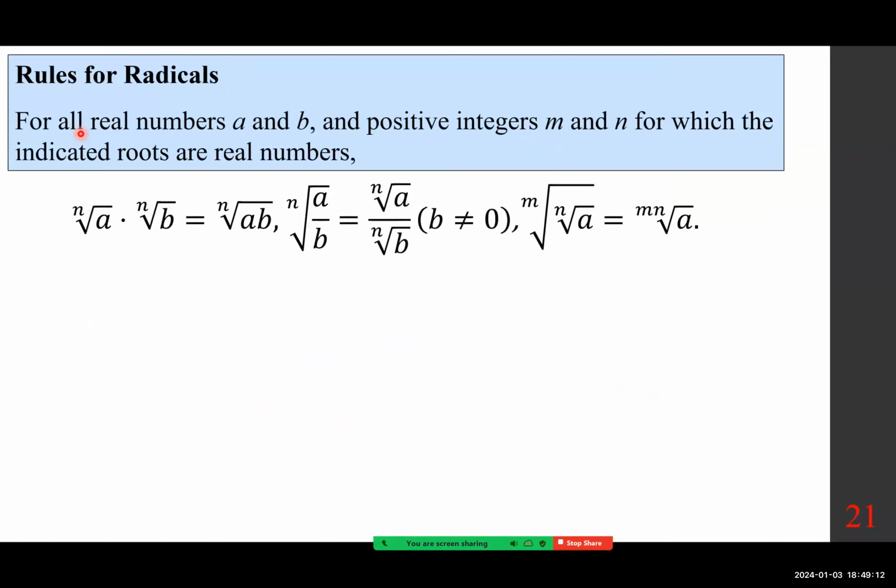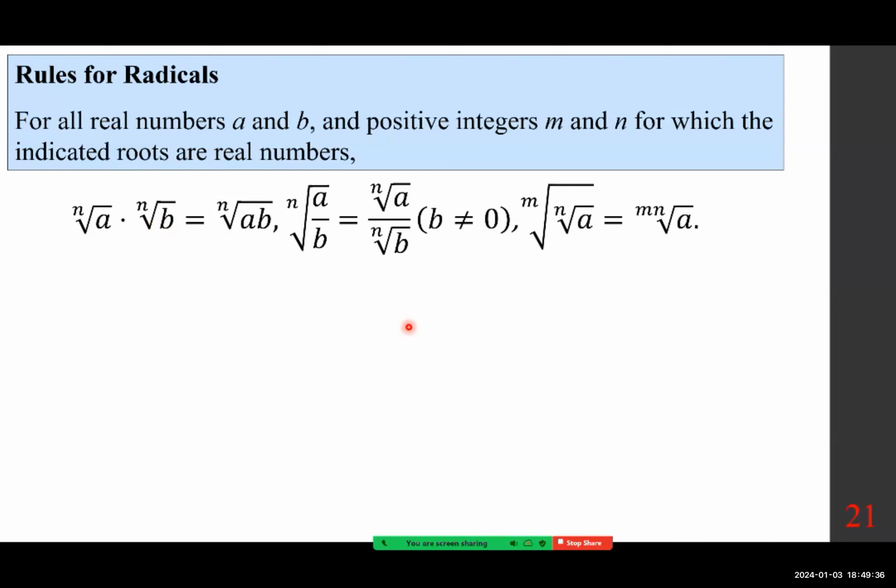Rules for radicals: for all real numbers a and b and positive integers m and n, for which the indicated roots are real numbers. When you multiply them and they have the same index, you can put them under the same radical: nth root of a times nth root of b is nth root of ab. If you're dividing, you can separate them or combine them, you can go back and forth.